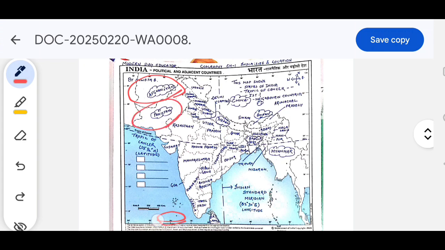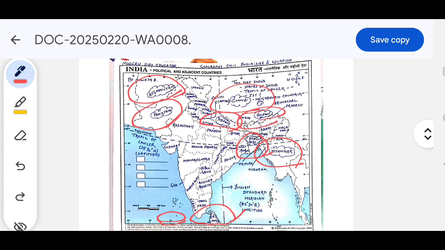Now you can see Afghanistan in the northwestern part, then Pakistan also in the northwestern part, then we have Maldives somewhere here in the southern part. Then we have Sri Lanka in the southern part. Then Myanmar in the eastern part of India, and same with Bangladesh, it is also in the eastern part. Then comes China in the northeastern part, and Nepal in the northern or northeastern part.